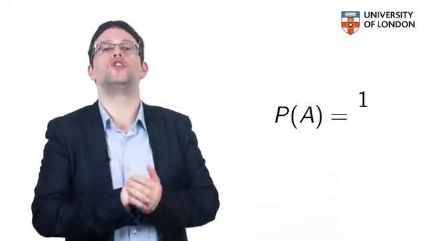So let's break it down and consider this simple coin toss example. For a fair coin, there are two equally likely outcomes of heads and tails. If we define the event A to be tossing heads, then only one of those two outcomes, the H out of the H and T, equates to getting heads. And so we would assign the probability of A, i.e. the probability of getting heads, to be 1 over 2.